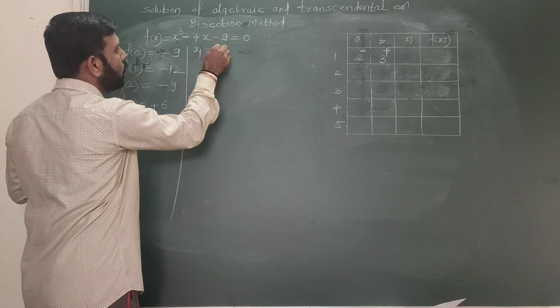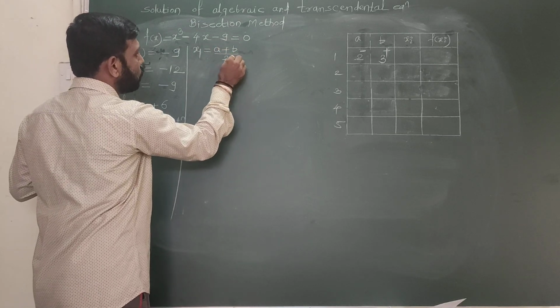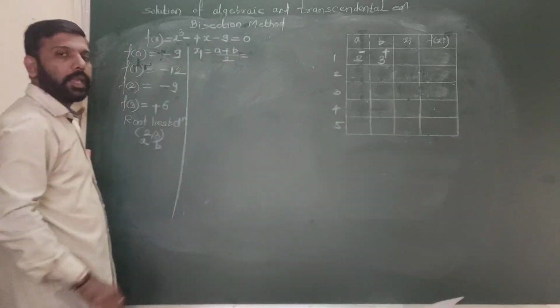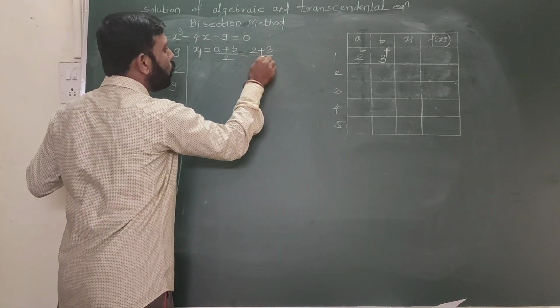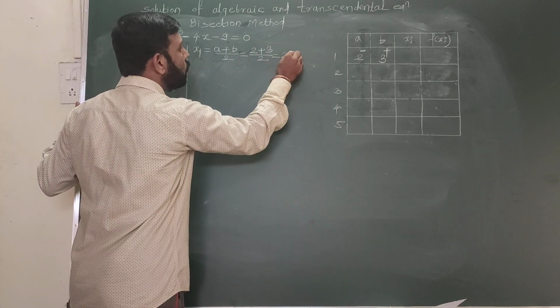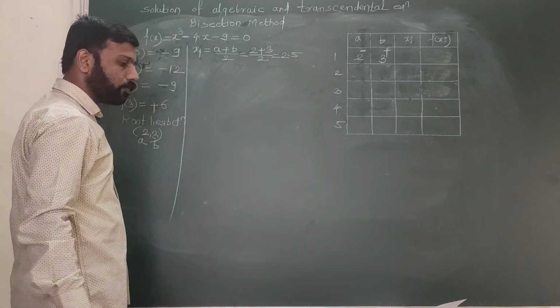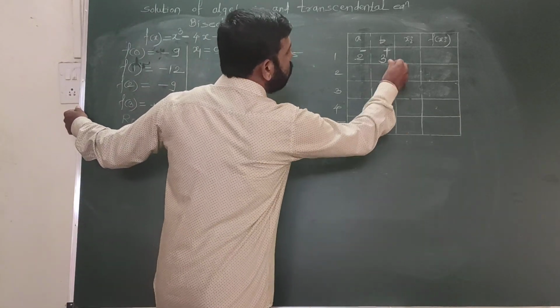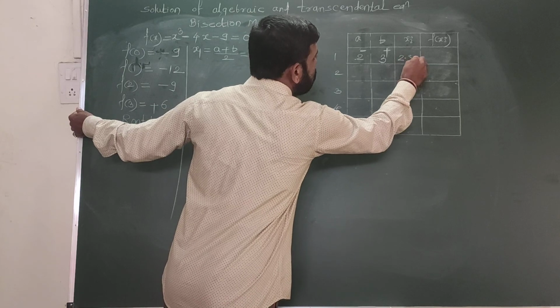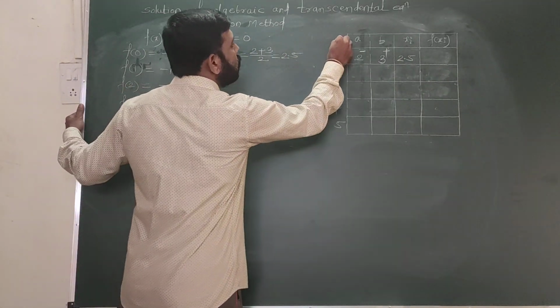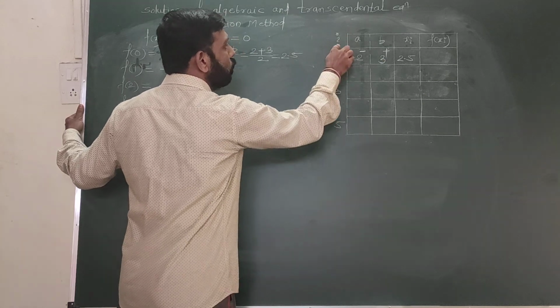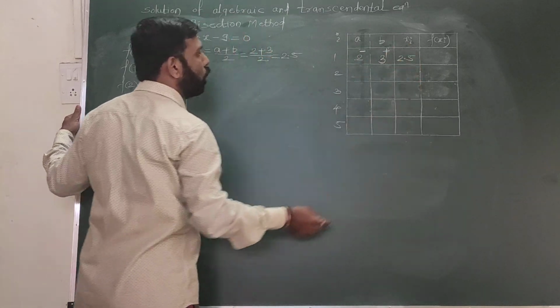Now we will write down the formula of the bisection method. First approximation: A plus B upon 2, and that output is 2.5. This is the first approximation x1 in the ith column, x1 is 2.5.